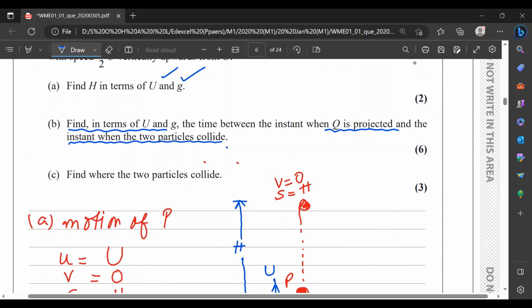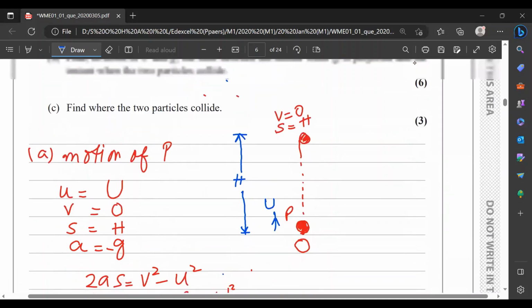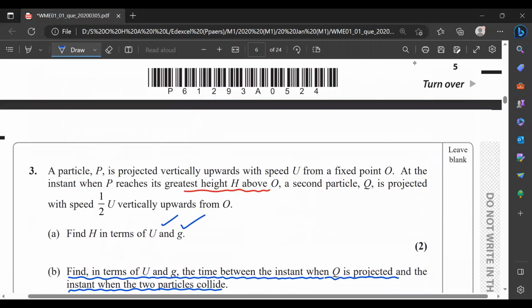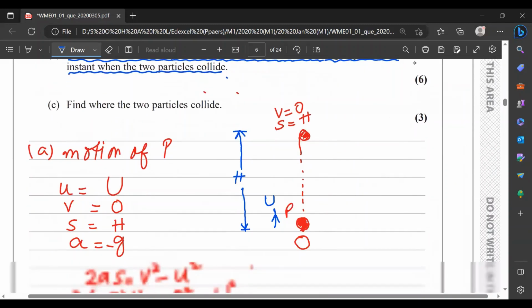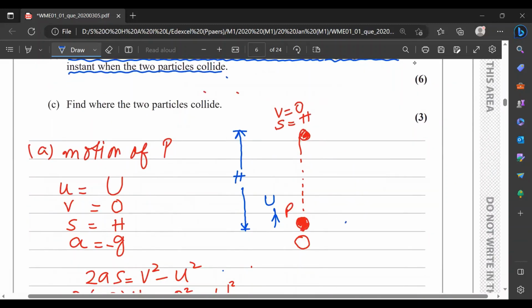It is written that particle Q is projected when the particle P reaches the greatest height above O. Q is projected with 1 over 2 u. For the understanding, I can write here. Again, this is the position O.